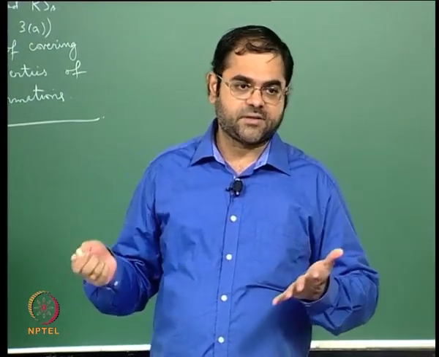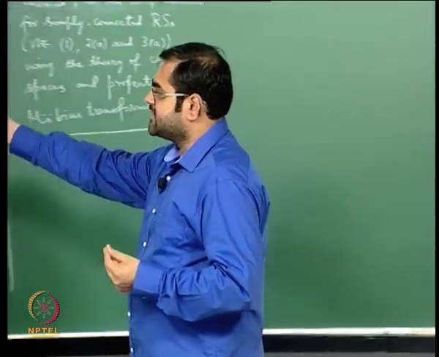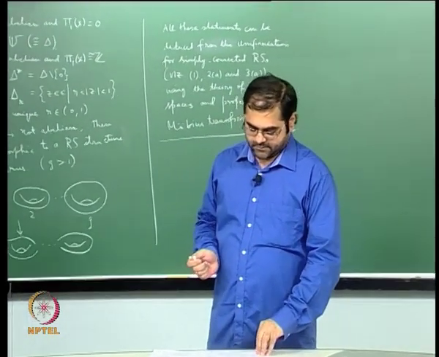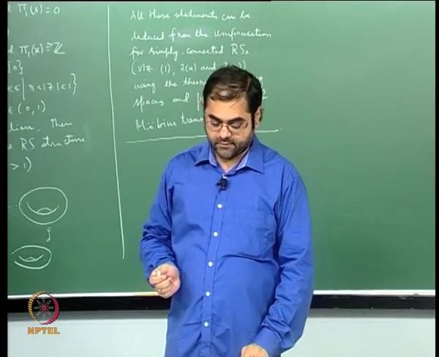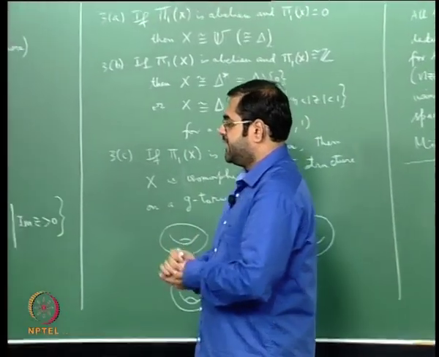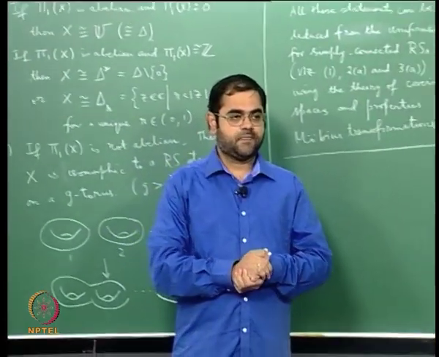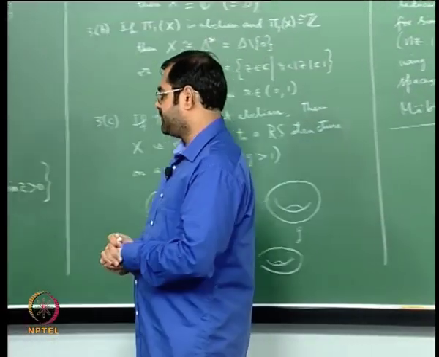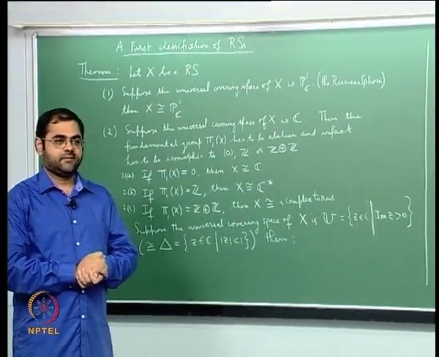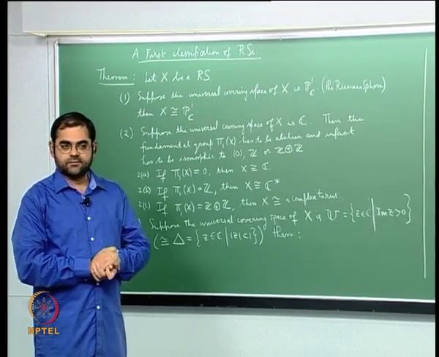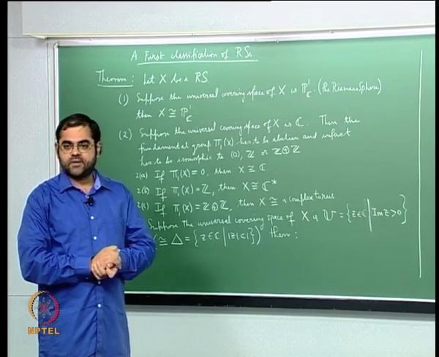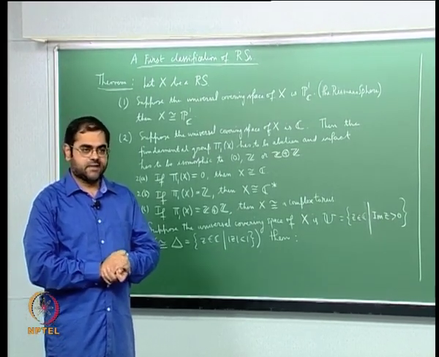So this basic classification problem always comes in, and this is how a first solution looks like. But you can see that in some sense this is a coarse classification, because it is a classification that basically involves only the fundamental group. Roughly, everything is controlled by the fundamental group of the underlying real surface.